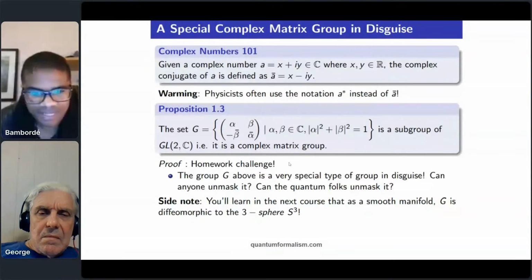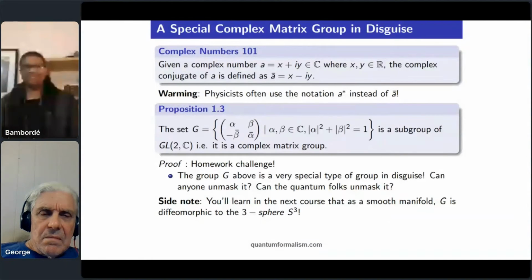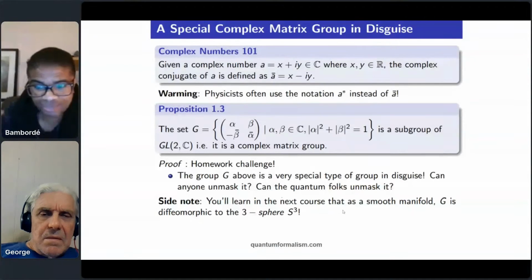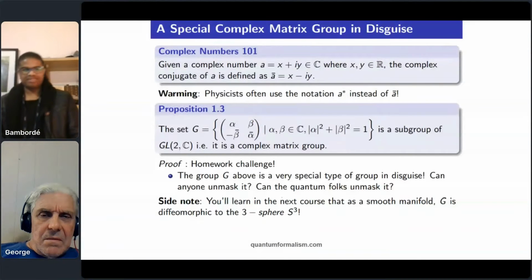Okay. So this is actually a very interesting group. Anyone see which group this is? It will become obvious later. In fact, you will see in the Lie group section, this group is, as a smooth manifold, diffeomorphic to the 3-sphere. So there is a diffeomorphism between them.